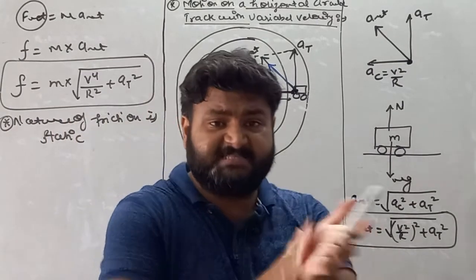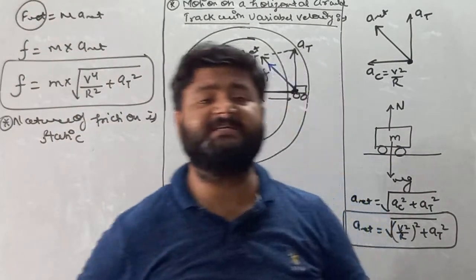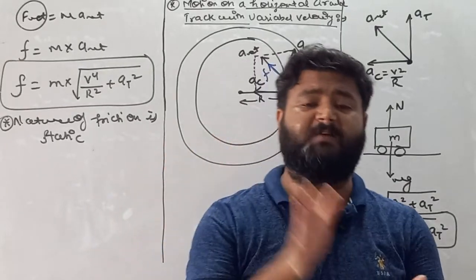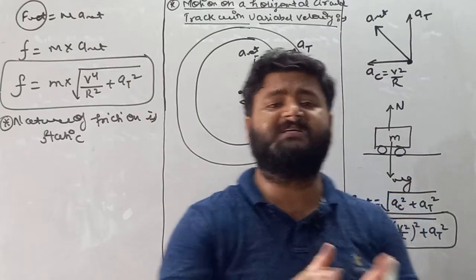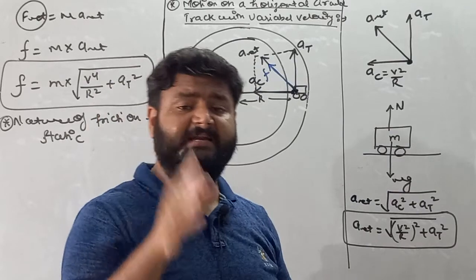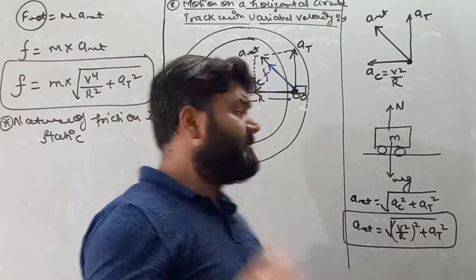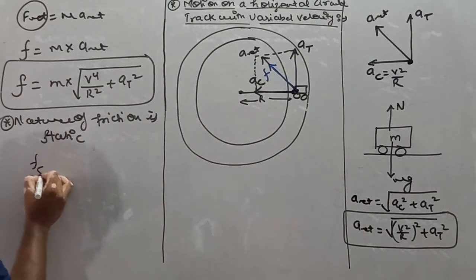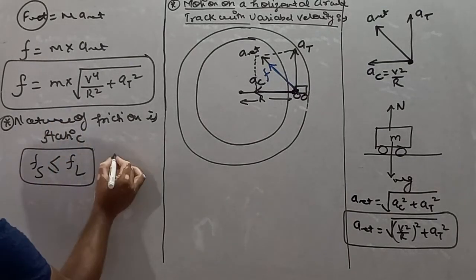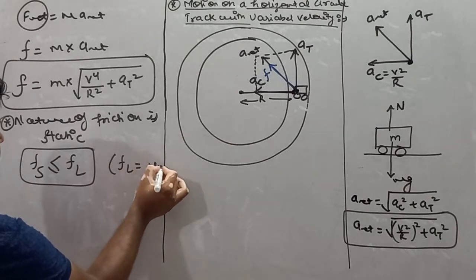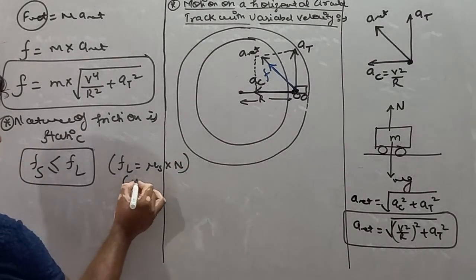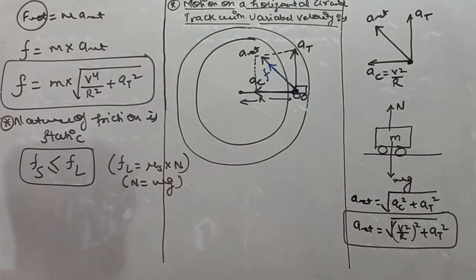If the vehicle is skidding, then the nature of friction is kinetic, because kinetic friction takes place when the body is performing motion with respect to the surface. Here the vehicle is moving normal, that's why the nature of friction is static. So we know that static friction is always less than or equal to limiting friction. And limiting friction is nothing but mu s into N, and instead of N we can write mg.